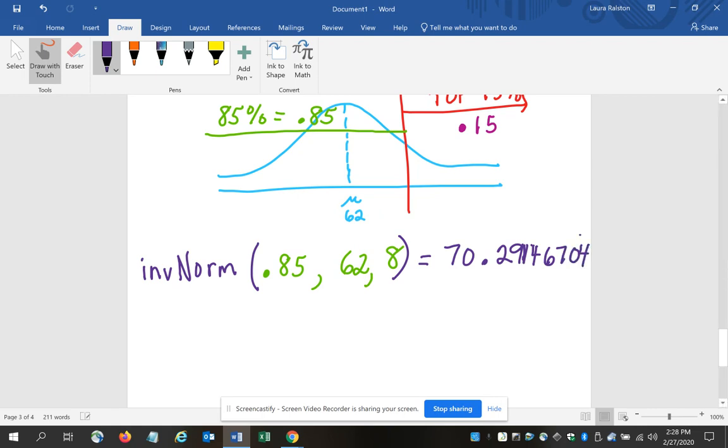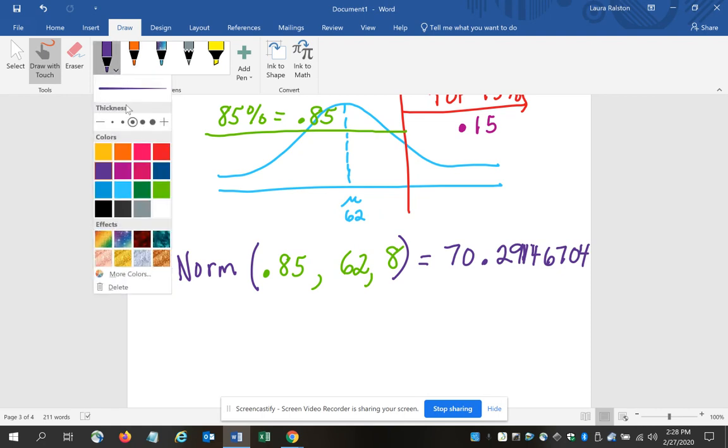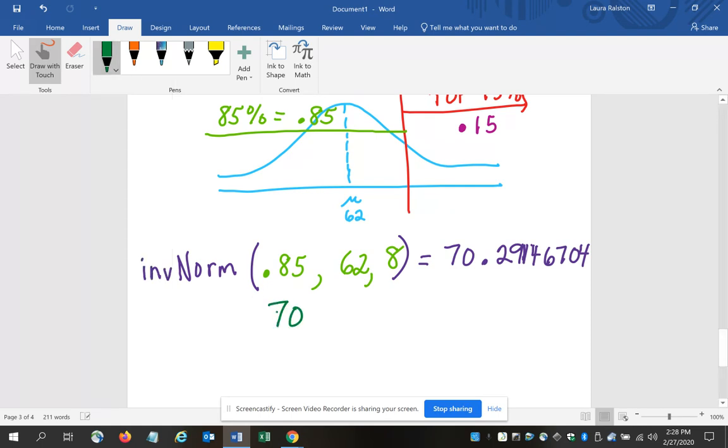And again, most likely you just have to pay attention. They may want you to round to 1 decimal place, 2 decimal places. This one, again, I would probably round to the nearest whole, so it would be 70. So any person who takes that particular stress-related test and scores 70 or higher could be recruited as a security officer.